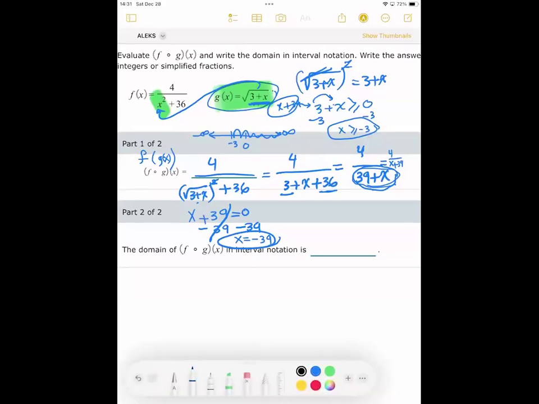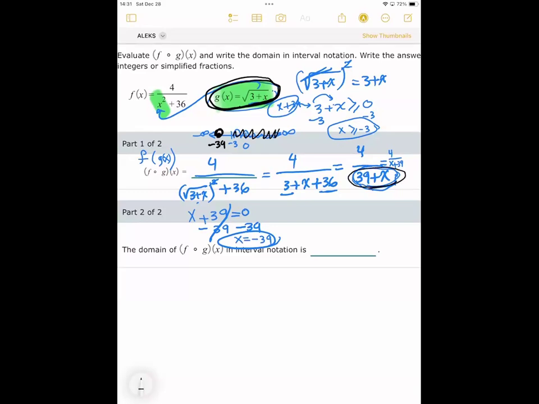But that bad point is going to be somewhere here, because negative 39, I should make it open circle, is a bad point to the left of negative 3. So it's not even going to bother us, because to start off, we have to pick numbers bigger than negative 3.